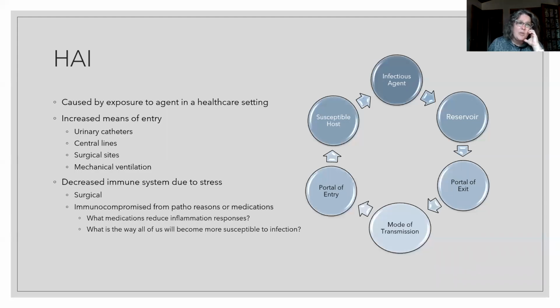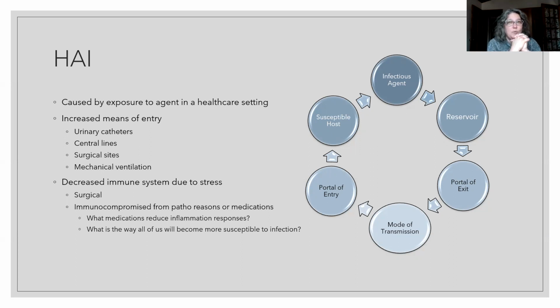A healthcare acquired infection is caused by an exposure to an agent in a healthcare setting. So it could be a hospital, it could be assisted living, ambulatory care, long-term care, swing bed unit. But if they are in a healthcare setting and they get sick with an infection, it's a hospital acquired or a healthcare acquired infection.